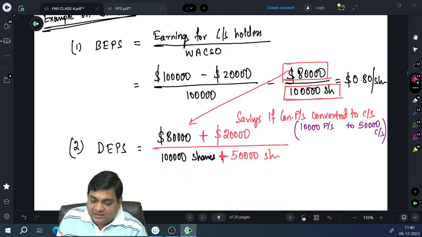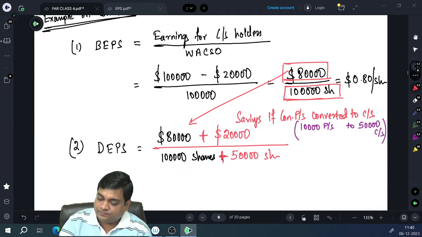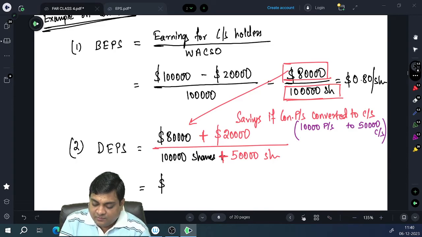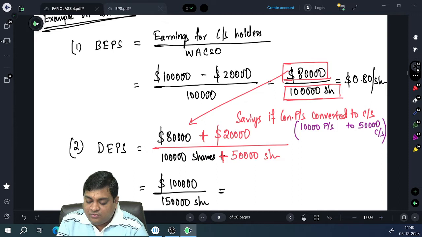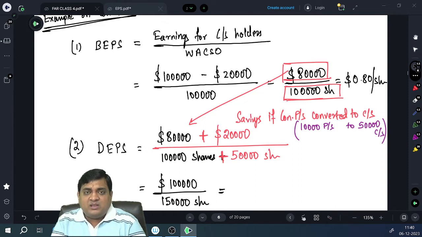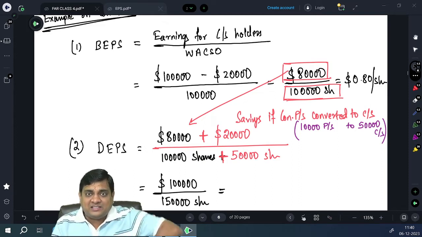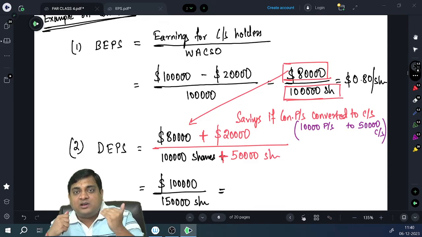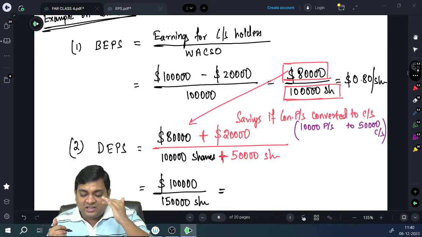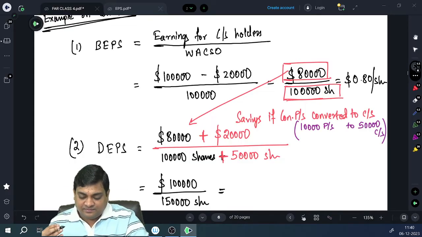So as a result, what is happening? Your numerator is 1 lakh. Now you can see that from 80 it became 1 lakh, roughly a 25% increase in the numerator. But the denominator goes to 1 lakh 50 thousand, so it is increased by 50%. When the rate of increase in the numerator is lower than the rate of increase in the denominator, in that case you get the diluted earning per share.